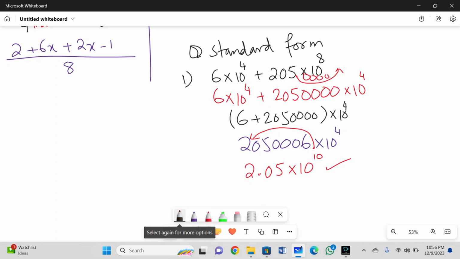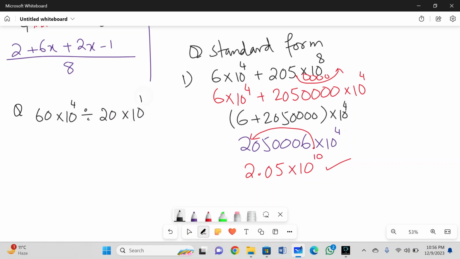Let's suppose you have a division case in the form of standard numbers, like 60 into 10 power 4 divided by 20 into 10 power 15.